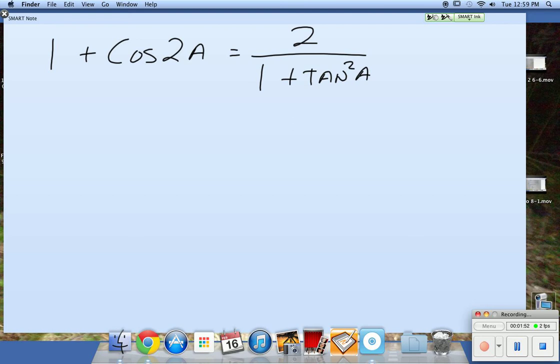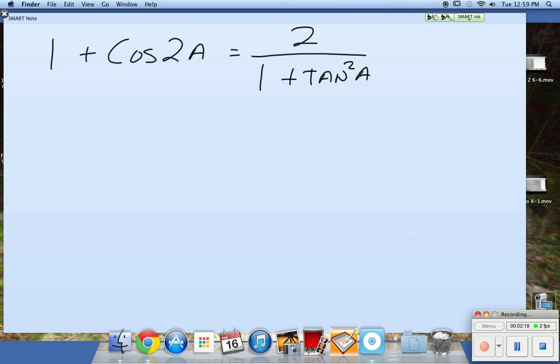It's one of those three, and I'm not sure which one I would want to use. We can do trial and error, but I'm not sold yet on which one to use. So I'm going to take a look at the other side of the equation. And I see a tangent squared here.